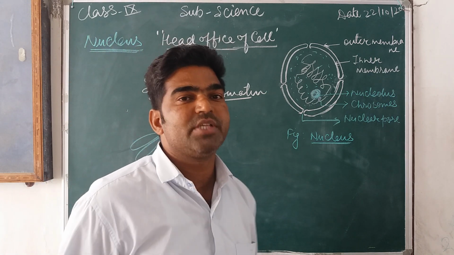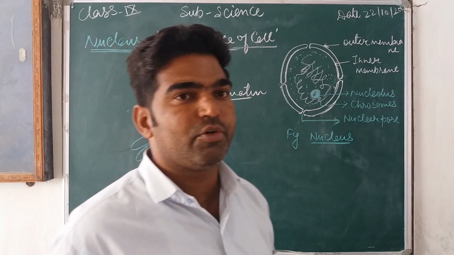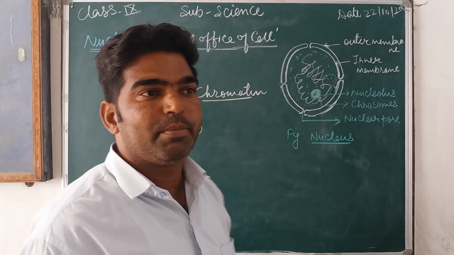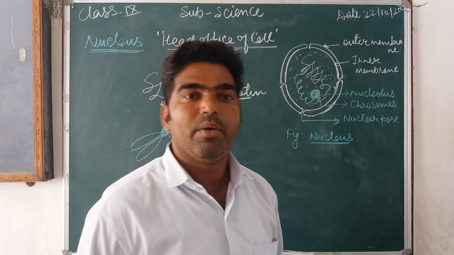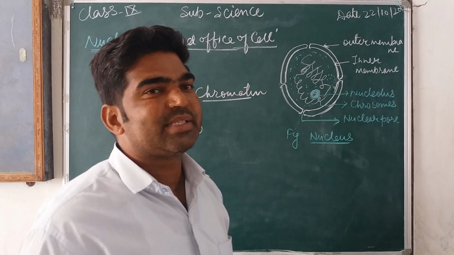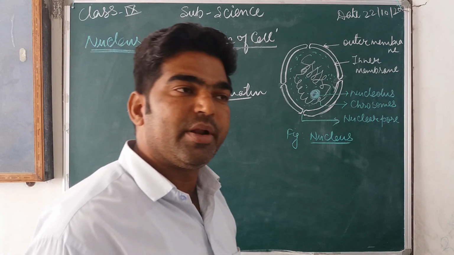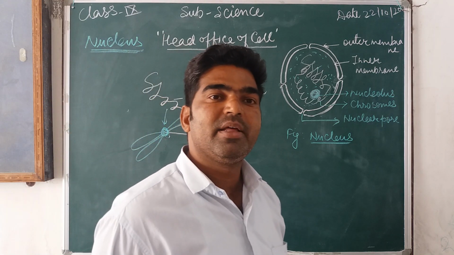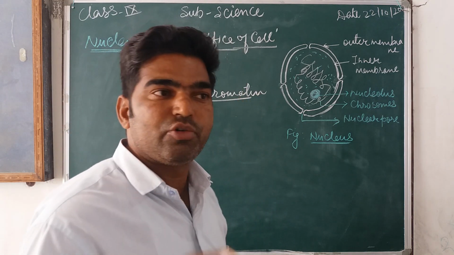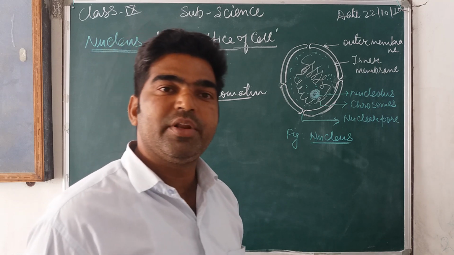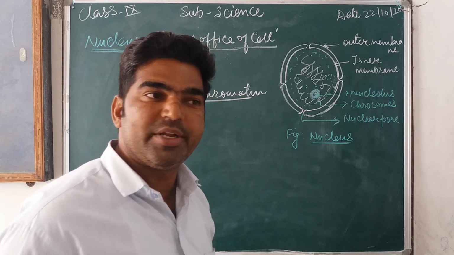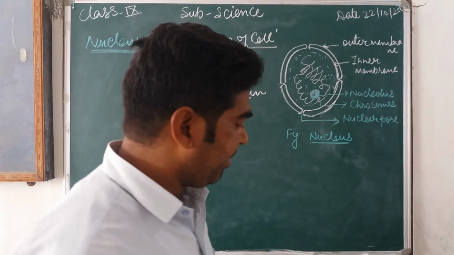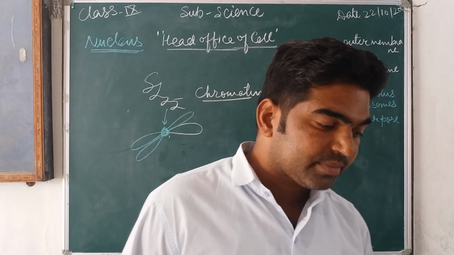Out of them, 44 are autosomal chromosomes, which are responsible for the body characters, and 2 chromosomes, one pair, XX or XY, are responsible for the sex of a baby, meaning either male or female. So the total number of chromosomes is 46 and the total pairs are 23. Out of them, 22 pairs are responsible for the body characters and one pair is responsible for the sex of a baby.